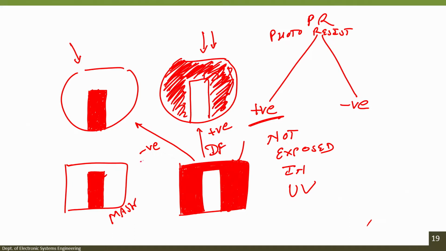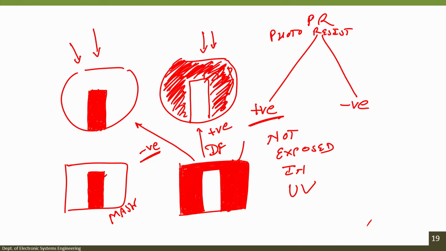In case of negative photoresist, the area which is not exposed will get weaker, and that is why what you see is this particular substrate. You see here the area which is not exposed is removed and the area which is exposed, this transparent one, is intact.